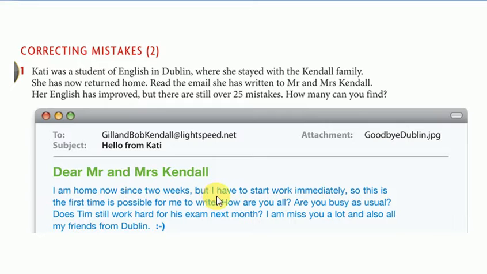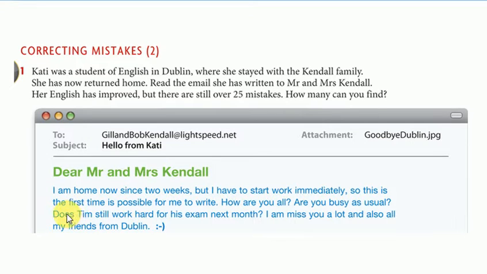But I have to start work immediately. When she returned back home, it was past. So in the past, the grammatically correct sentence is I had to start work immediately.